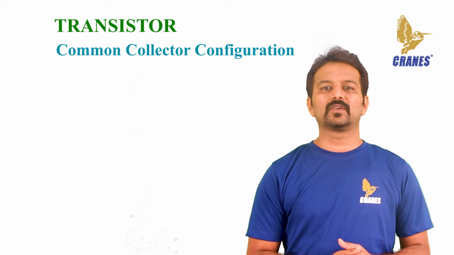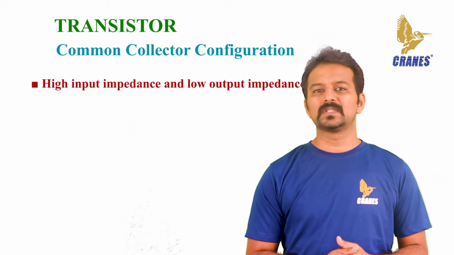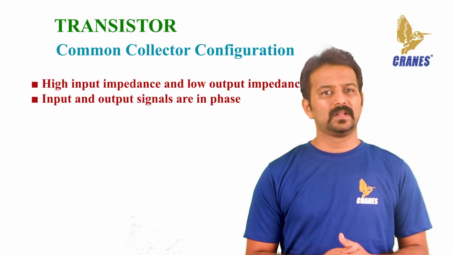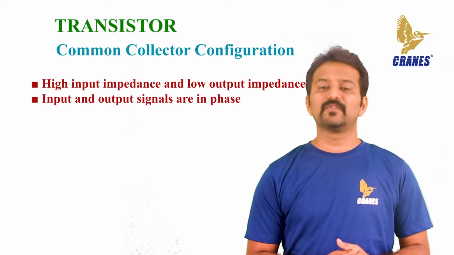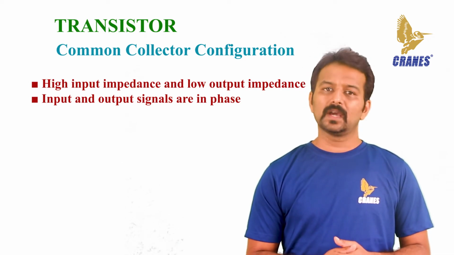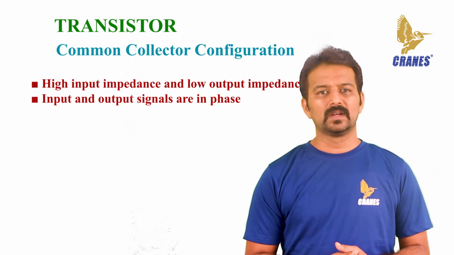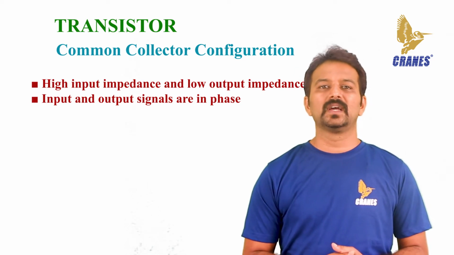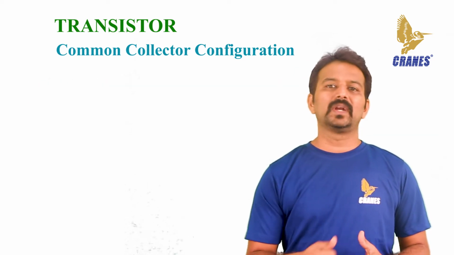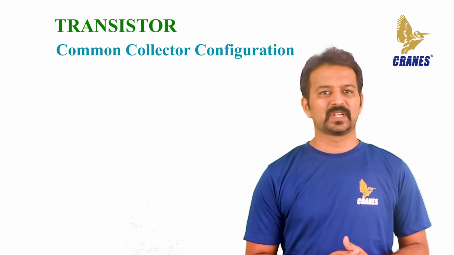The common collector configuration has high input impedance and low output impedance. The input and the output signals are in phase with each other. Here also the emitter current is equal to the sum of the collector current and the base current. Now let us calculate the current gain for this configuration.